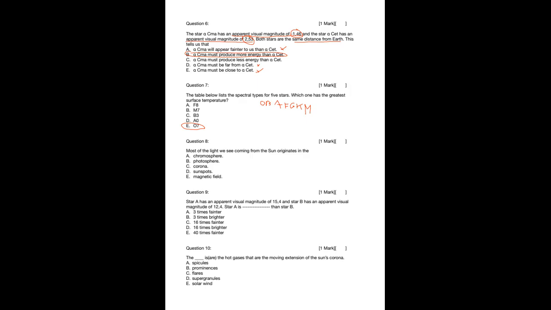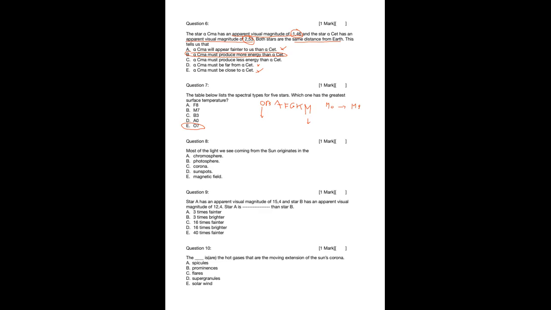And then within these, you have your own subdivisions. Let's take M for example. You have M0 all the way up to M9, where M0 is hotter than an M2, for example, and M2 is hotter than an M3. You're all happy with how we got this answer?